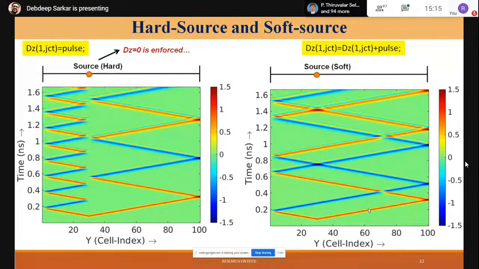That was one of the main hindrances: although the FDTD method was introduced earlier, until these perfectly matched layer conditions were discovered and implemented numerically, people could not use FDTD on a broader scale. That was one key innovation in the way the code was used to solve problems.